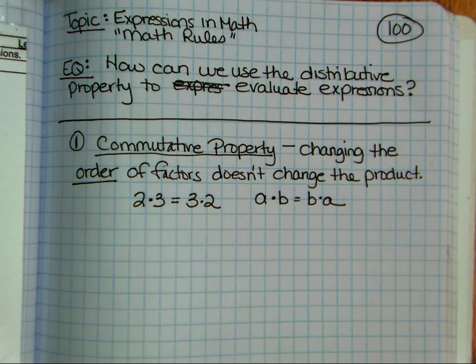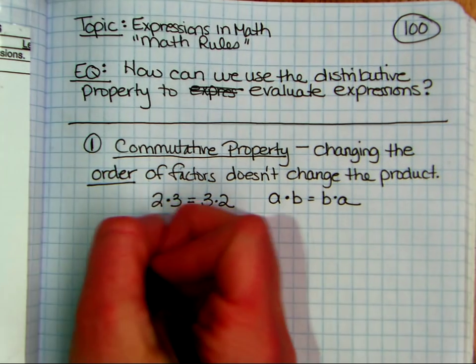But if I had 2A times B, and then I said it was the same as B times 2A, that would be the same. Do you see how the number that was connected to the variable stayed the same? It stayed connected to its same variable. That's very important.